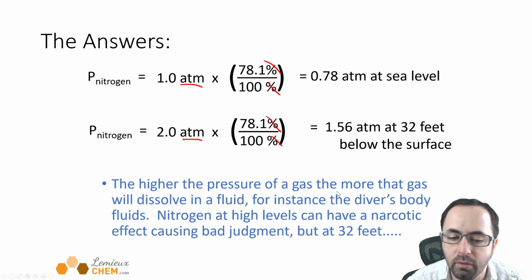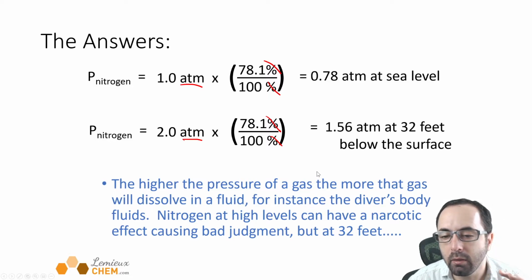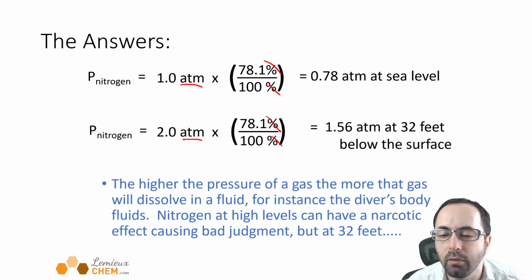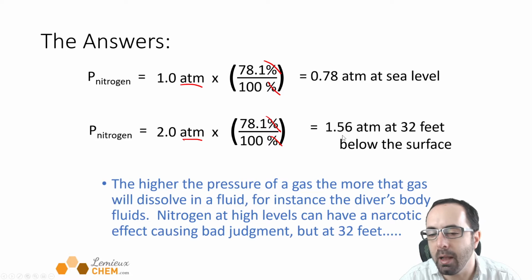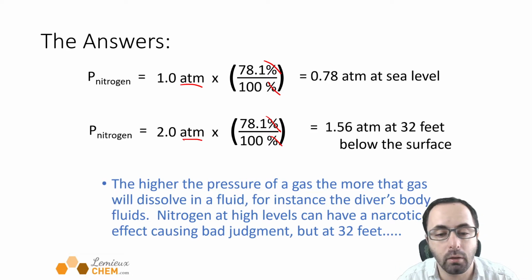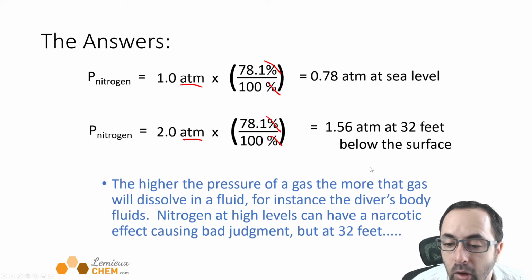So the higher the pressure of the gas, the more of that gas will dissolve in the diver's bodily fluids like their blood. And one problem is that if the concentration of nitrogen is too high in the blood, this could lead to a narcotic effect. It can result in the diver getting confused and getting stuck under the water and perhaps dying.